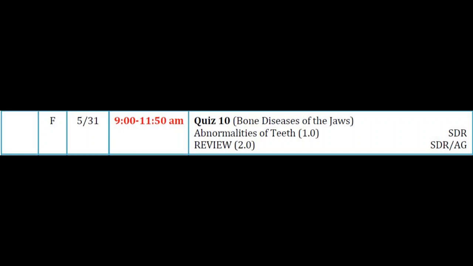We have some intrinsic stains we want to look at. These are intrinsic stains, but post-eruptive changes associated with tooth non-vitality. So when a tooth dies, sometimes there is some hemorrhage in the pulp, and some of those blood pigments can get incorporated into the dentinal tubules, and we see discoloration through the surface of the tooth.